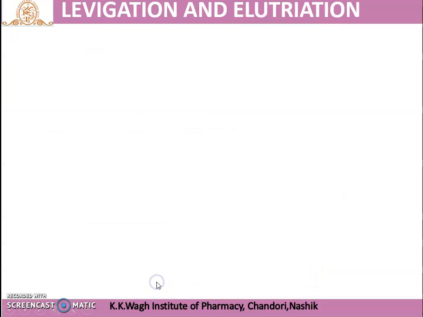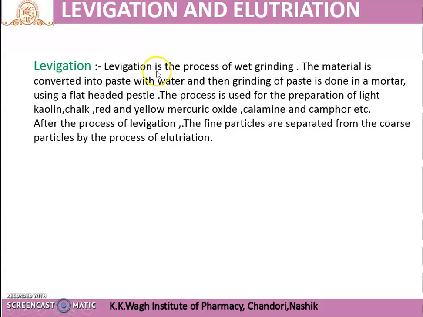Then we see levigation and elutriation. Levigation is the process of wet grinding. The material is converted into a paste with water, and the grinding of the paste is done in a mortar using a flat-headed pestle.